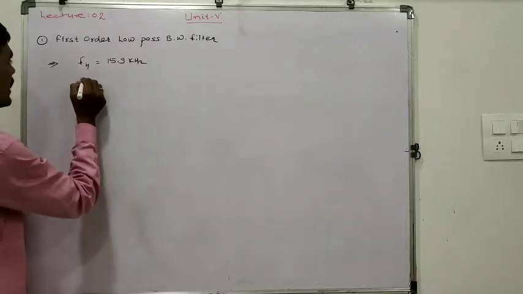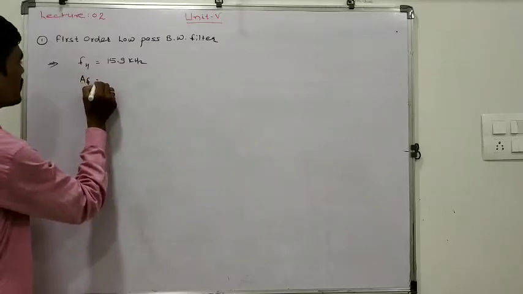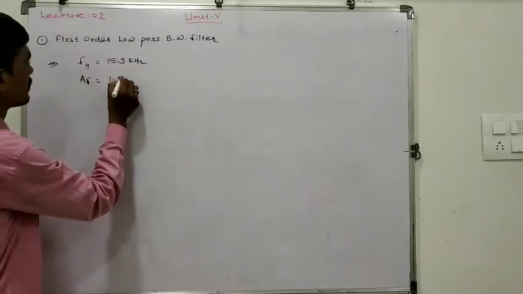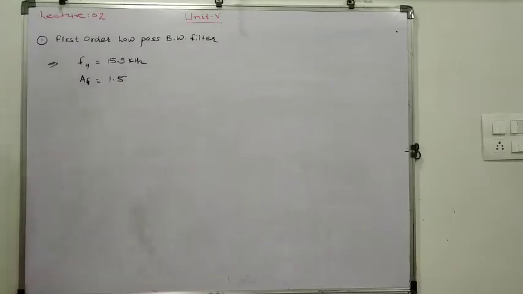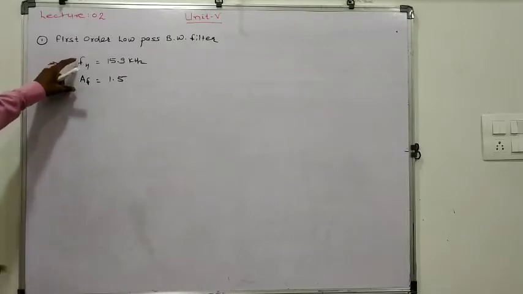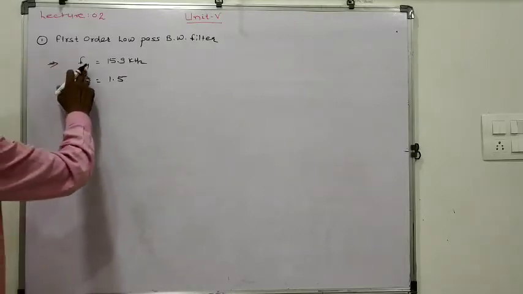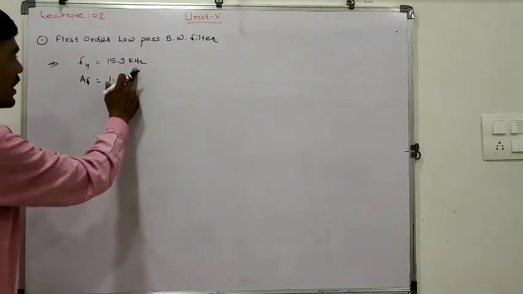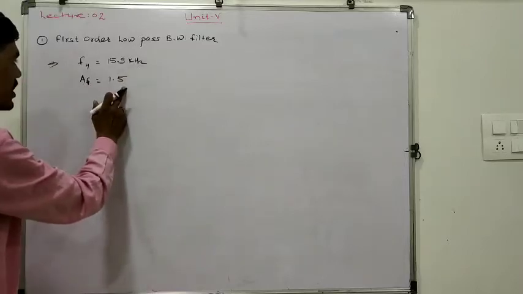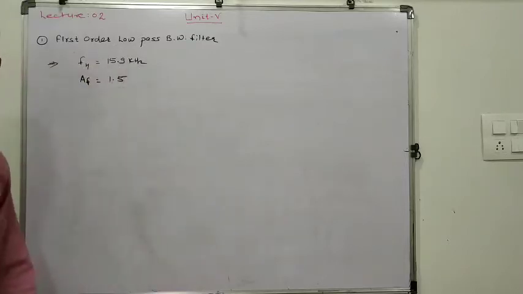The pass band gain, that means AF, is given as 1.5. This is the gain mentioned in the problem. They are asking us to design the low pass first order Butterworth filter with FH equal to 15.9 kilohertz and AF, that is pass band gain, equal to 1.5. They are also asking us to plot the frequency response of the filter.